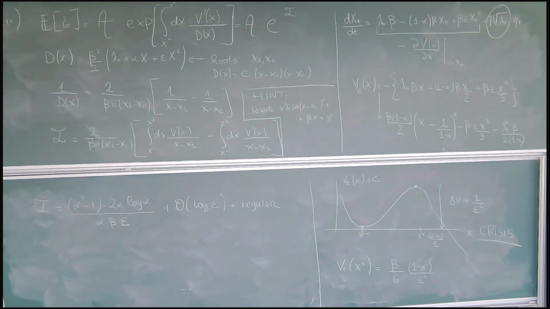Okay. And of course, I am assuming here that alpha is different from 0. If alpha is equal to 0, you will have to redo the calculation with a little bit of care, but you get a very similar result.